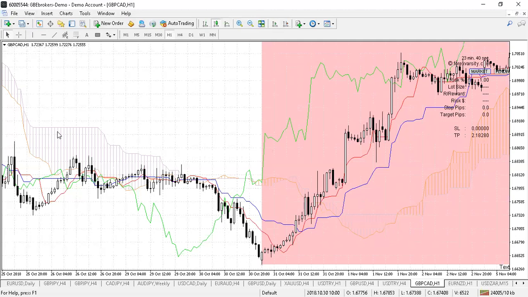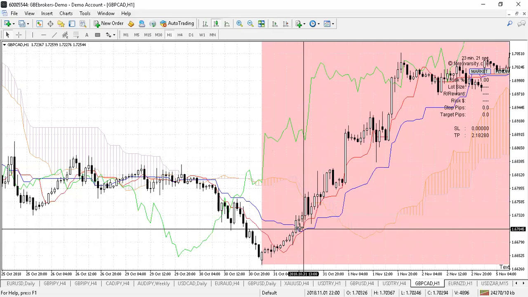If you're looking for a bearish signal, then your candlesticks should be below the clouds. Okay, so we're looking for a bullish signal because we want to trade it up. The other thing that we will look at is this green line here.